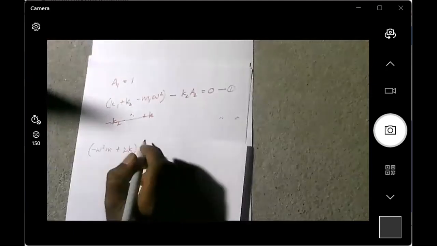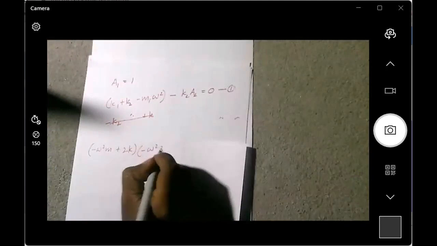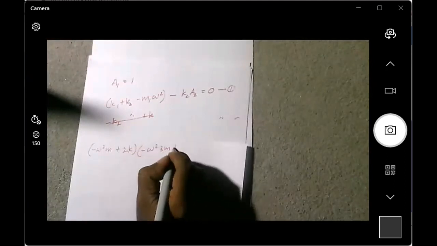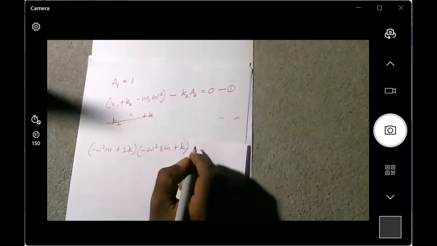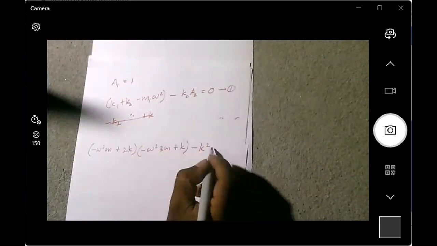So we have minus omega squared m plus 2k into minus omega squared 3m plus k, minus k squared equals 0, right?